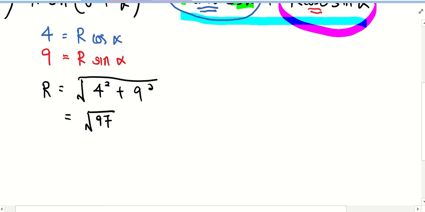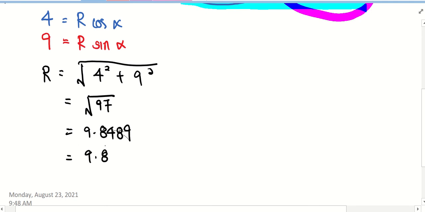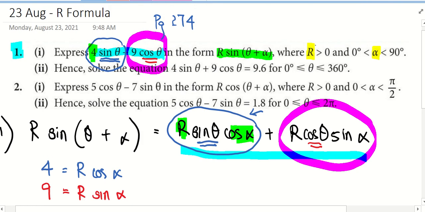No. Please don't try to be a cake here. All this I saw in your test also. Square root of 18. Fail. Can you please press the calculator? Give me 5 SF, then 3 SF. 9 point, and this will give us 9.85. Can? Okay, I have found R.